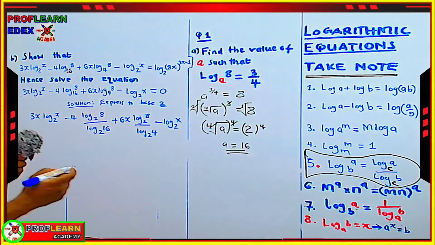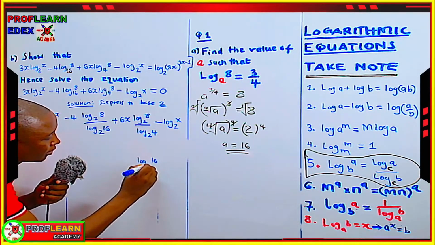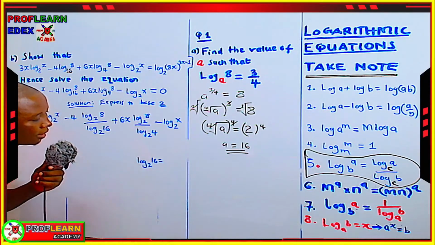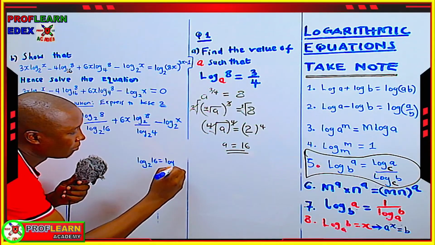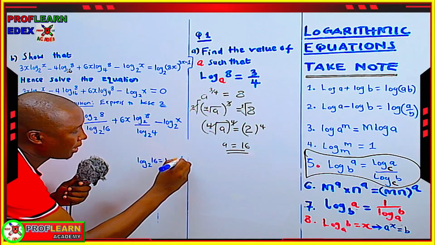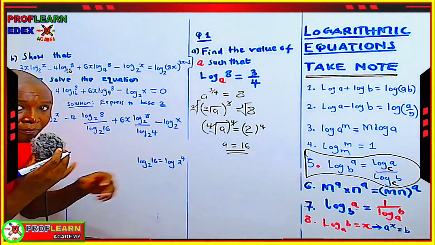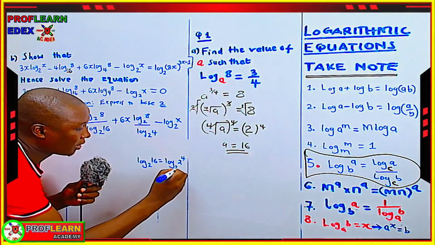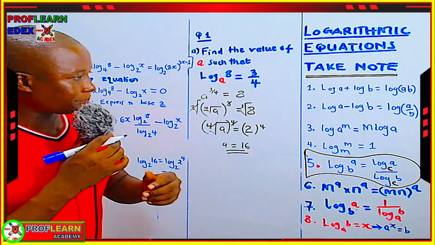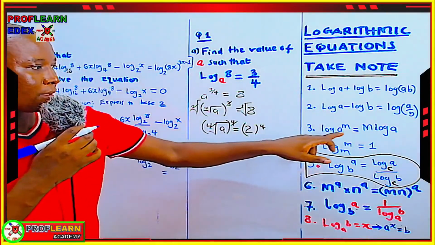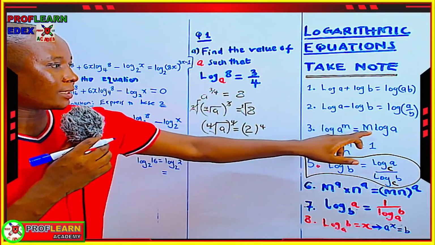So our new expression now will become 3 log x base 2 minus 4 log 8 base 2 over 4 plus 6x log 8 base 2 over 2 minus log x base 2.